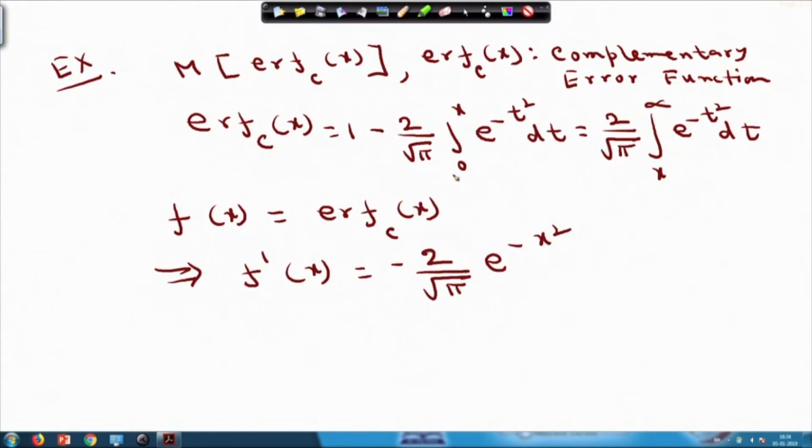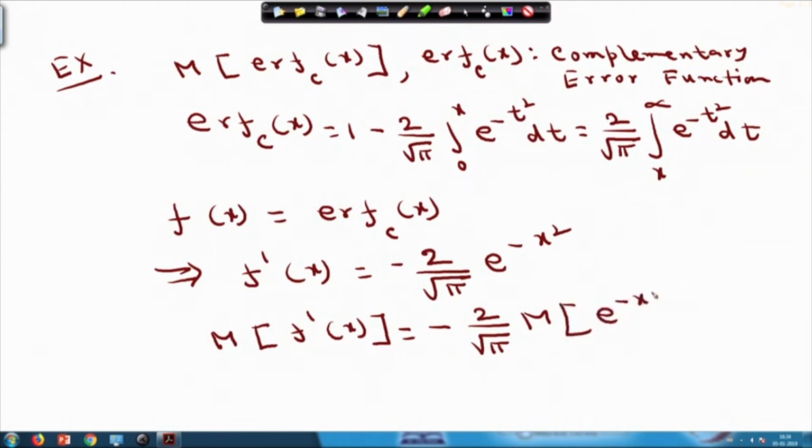Therefore, Mellin transform of f dash x is equal to minus 2 by root pi Mellin transform of e power minus x square.